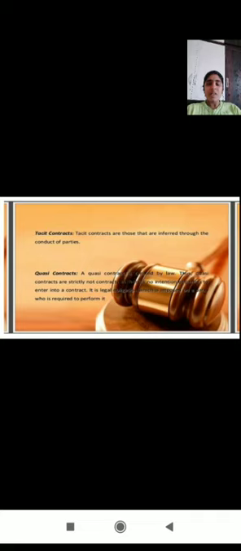For example, when we are walking on the road, we will go on the left side of the road. Why? Because that is enacted by the law, so we follow it. That is an example of a quasi contract.